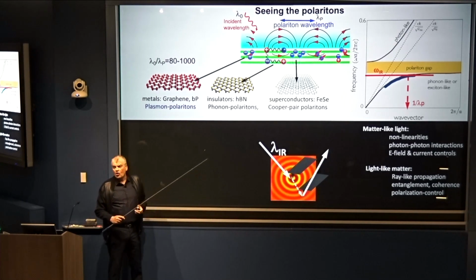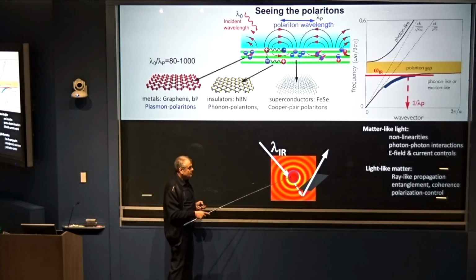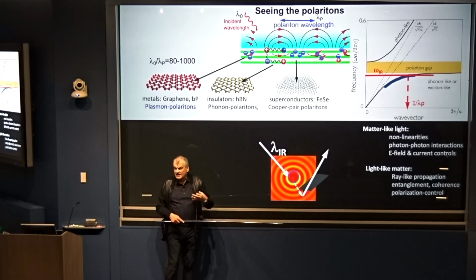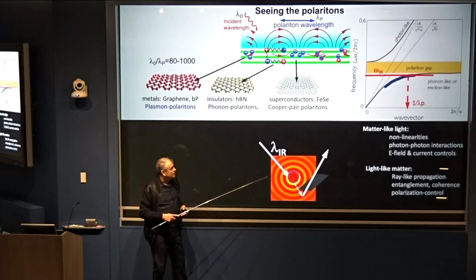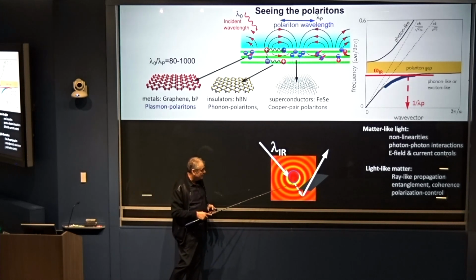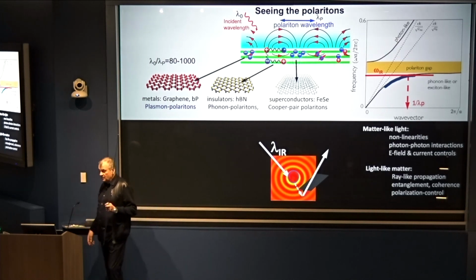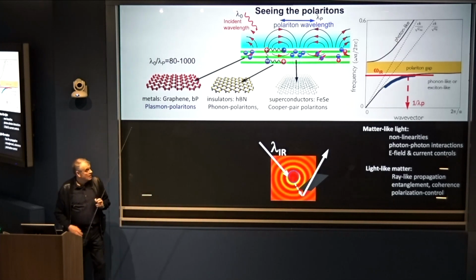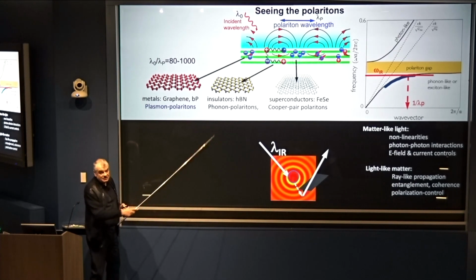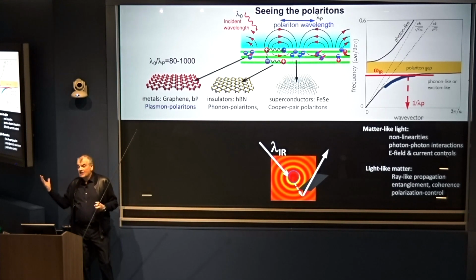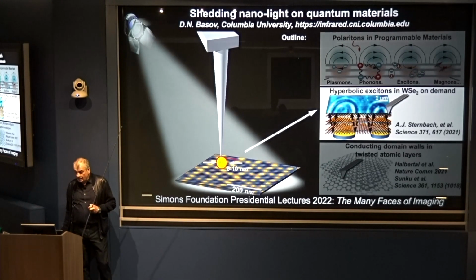It's a little awkward sometimes to work with two tips, so we often prefer to place a stationary scatterer somewhere in the scene that we illuminate with long wavelength infrared light, and we visualize polaritonic waves that emanate from this scatterer. And from the character of these waves, we learn about the physics of the matter component that's comprising these polaritons. So that's the idea.